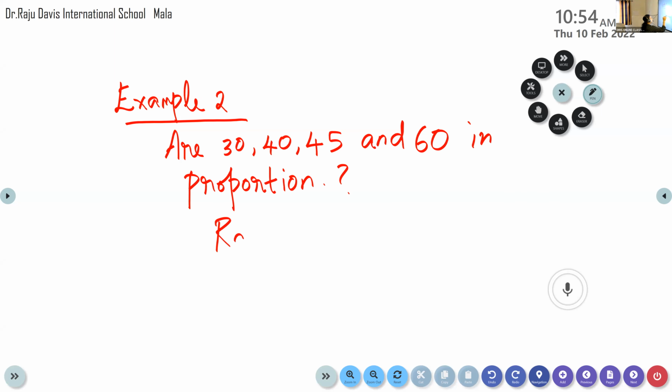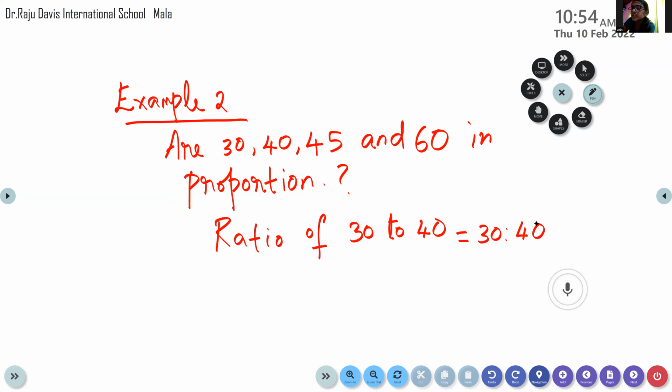Ratio of 30 to 40. This 30 to 40, how will we write the ratio? 30 is to 40.